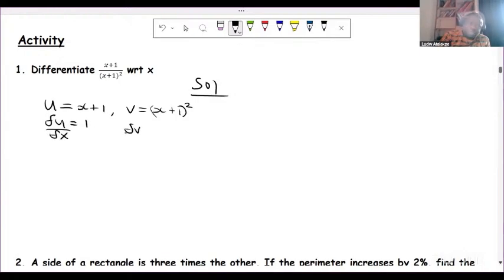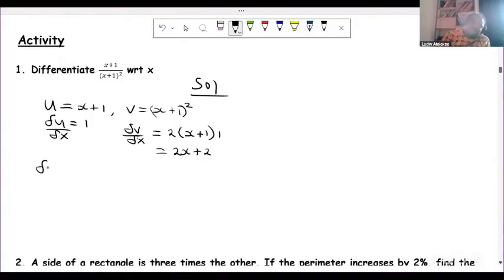And if you differentiate v with respect to x, remember the protocol. You take the 2, multiply everything in the bracket, take 1 from the power, then multiply what you have inside the bracket, that's 1. So it will still end up becoming 2x plus 2.